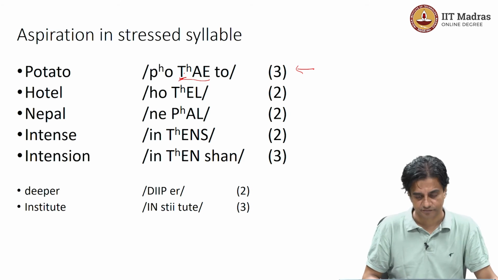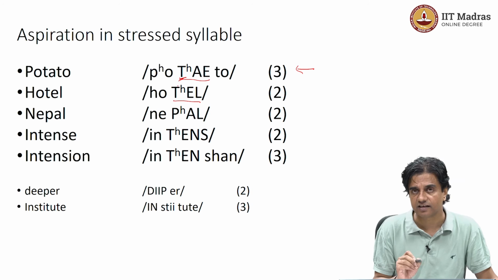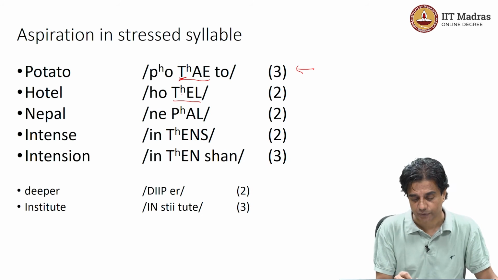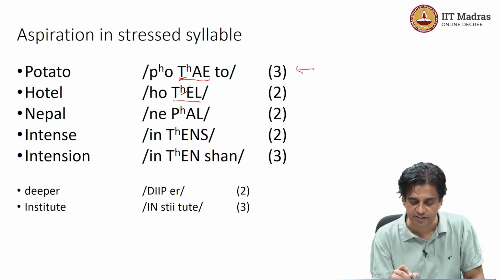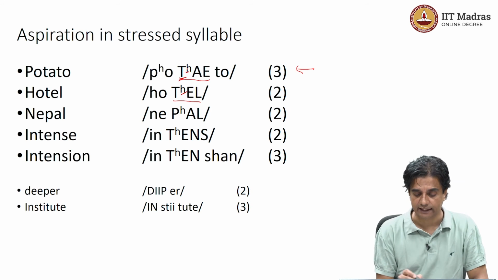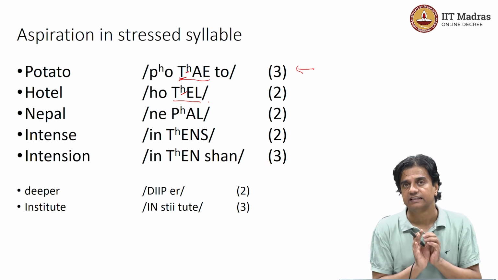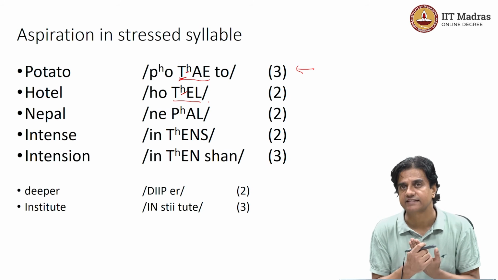Hotel. The second syllable in this word is stressed, and it happens that ta is at the initial position of this stressed syllable. So this is going to be aspirated. I am indicating aspiration with this symbol H, and I am indicating stress with capital letters, uppercase symbols.